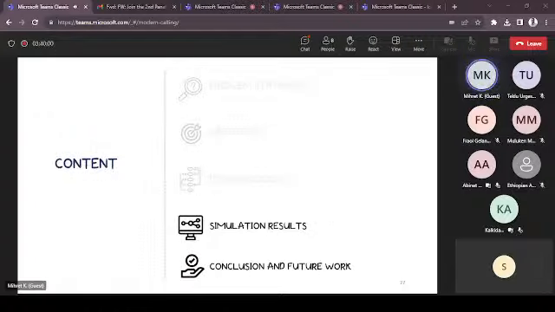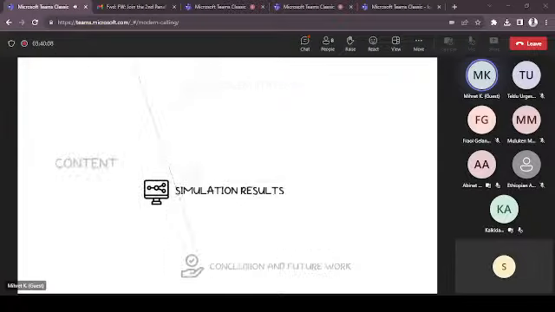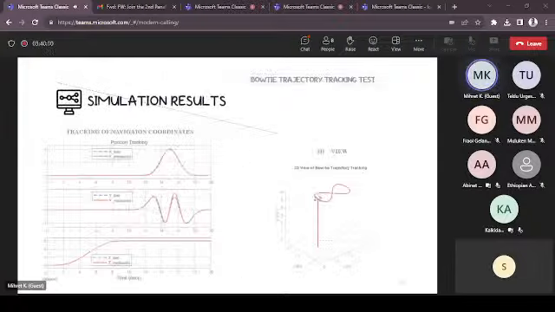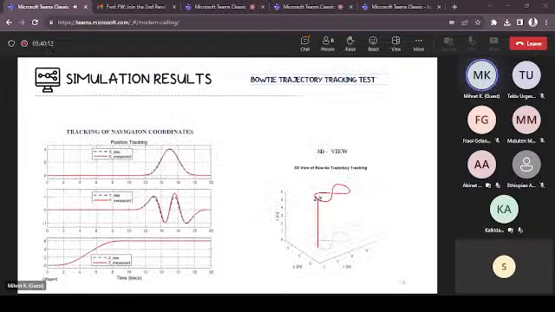To assess the tracking performance of both the baseline and adaptive controllers, different simulation tests have been done. The first tracking test is the bow-tie trajectory tracking test, which presents a complex trajectory for a dynamic system to follow.